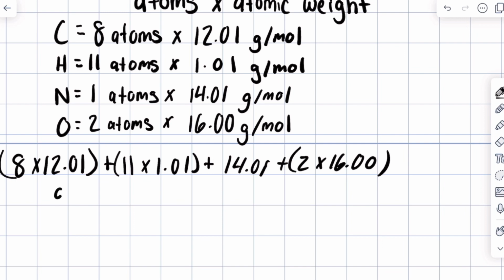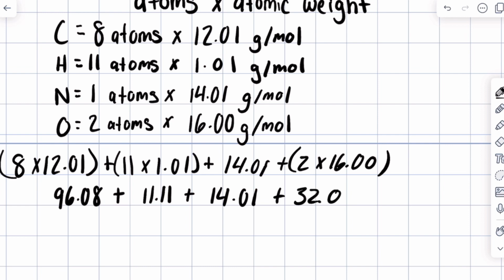We plug those in our calculator. We are going to get 96.08 plus 11.11 plus 14.01 plus 32.00. Plug those all together. We are going to get 153.20 gram moles.